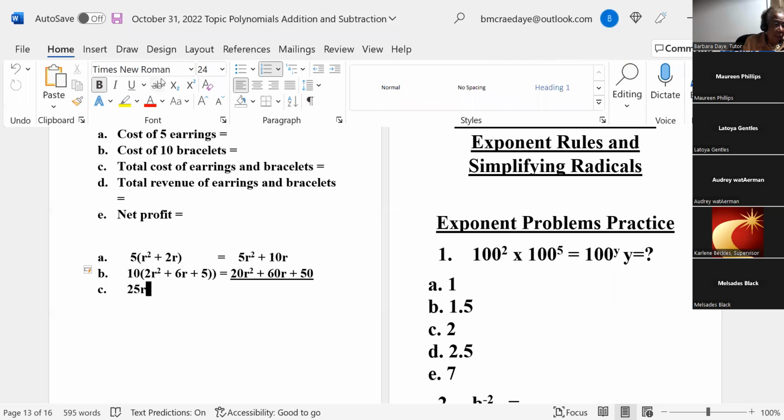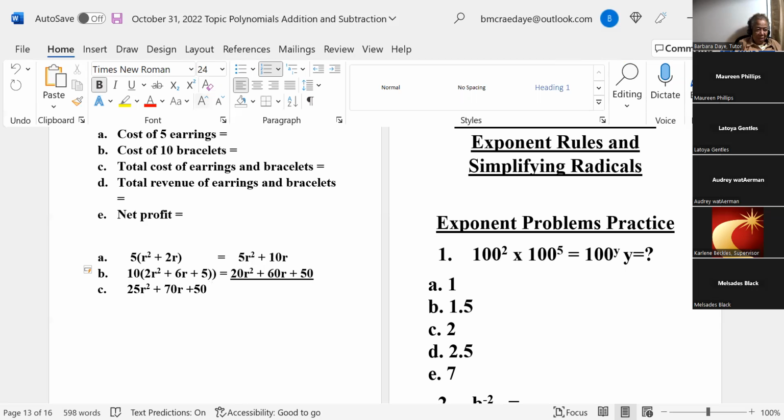And what's your r total? 70. That's it, Maureen. Very good. So plus 70r. And what are your constants, Maureen? 50. Just plus 50. So that's your C, the total cost.